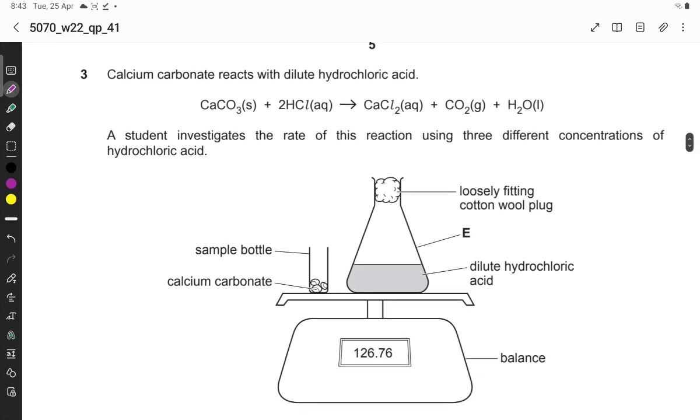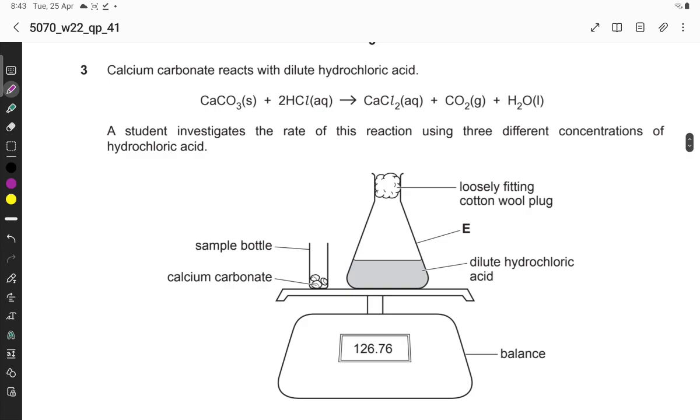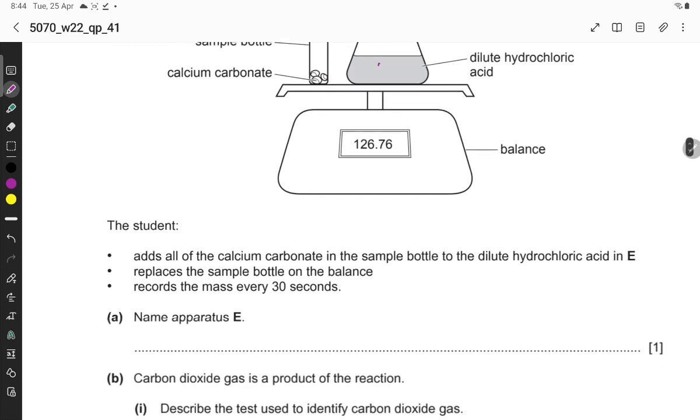Question number 3. Calcium carbonate reacts with dilute hydrochloric acid. This is the chemical equation. A student investigates the rate of this reaction using 3 different concentrations of hydrochloric acid. This is a conical flask with a loosely fitting bung, dilute hydrochloric acid, and this is a sample bottle of calcium carbonate.